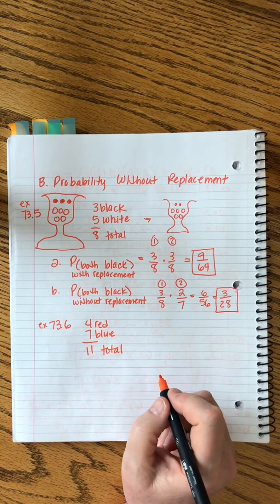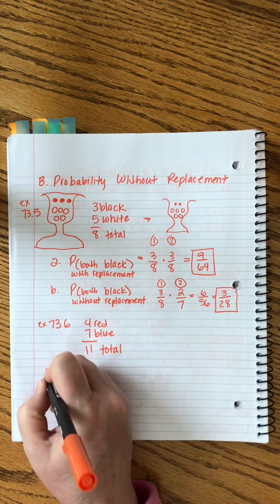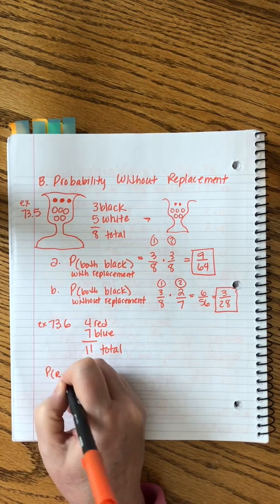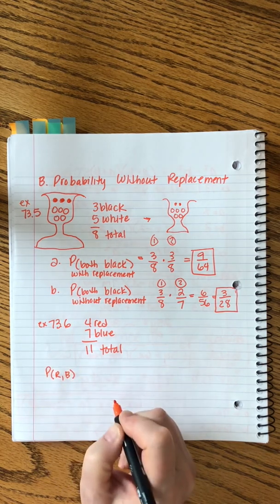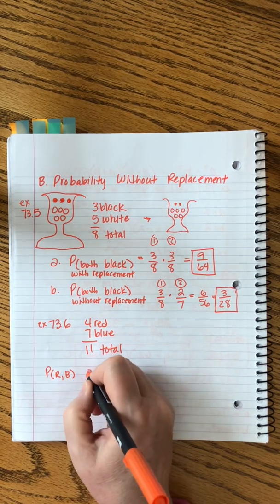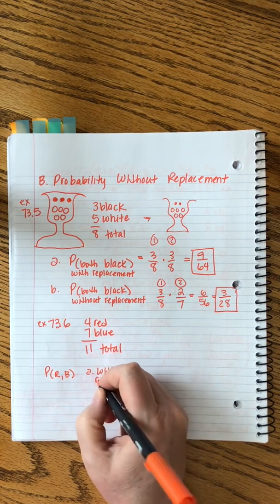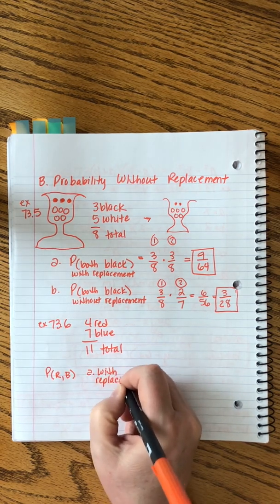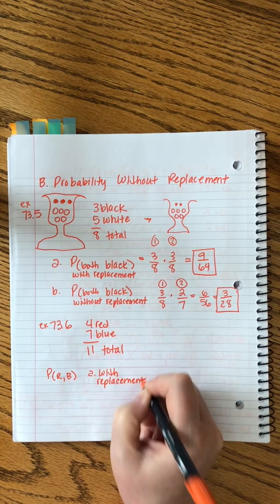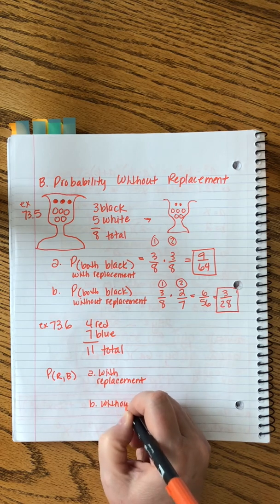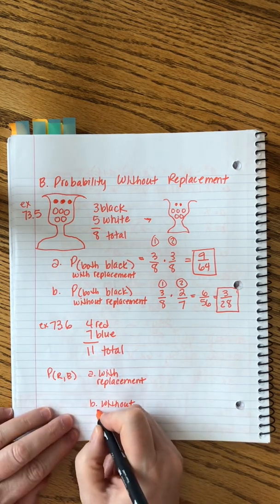What is the probability that the first is red and the second is blue if the marbles are drawn A, with replacement, and B, without?